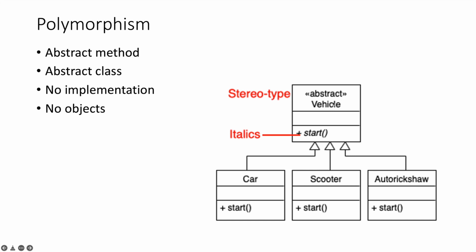Whenever we write a class as abstract or declare a class as an abstract class, the consequence is that we cannot make any instance of this class. So now we can collect the pieces together. We have seen car, scooter and auto rickshaw are practically the classes whose instances will exist.